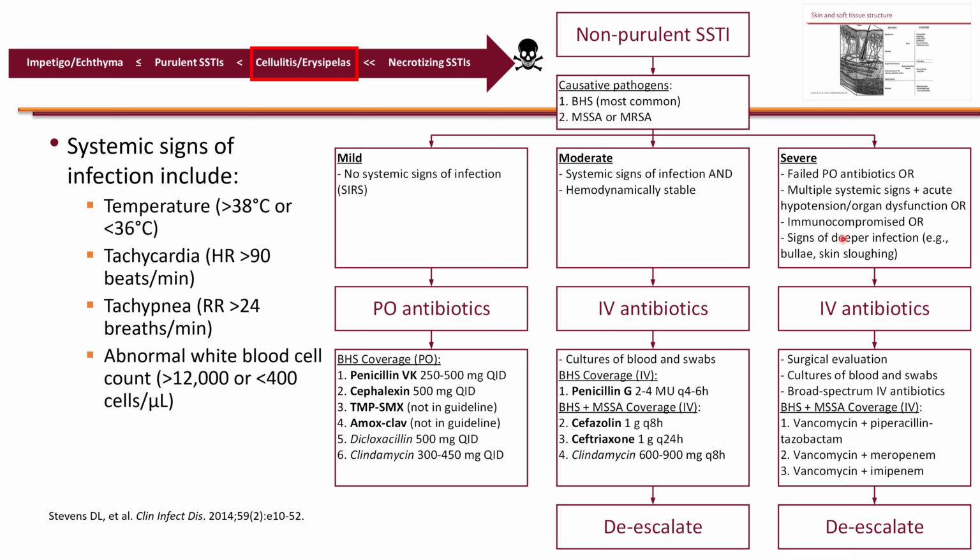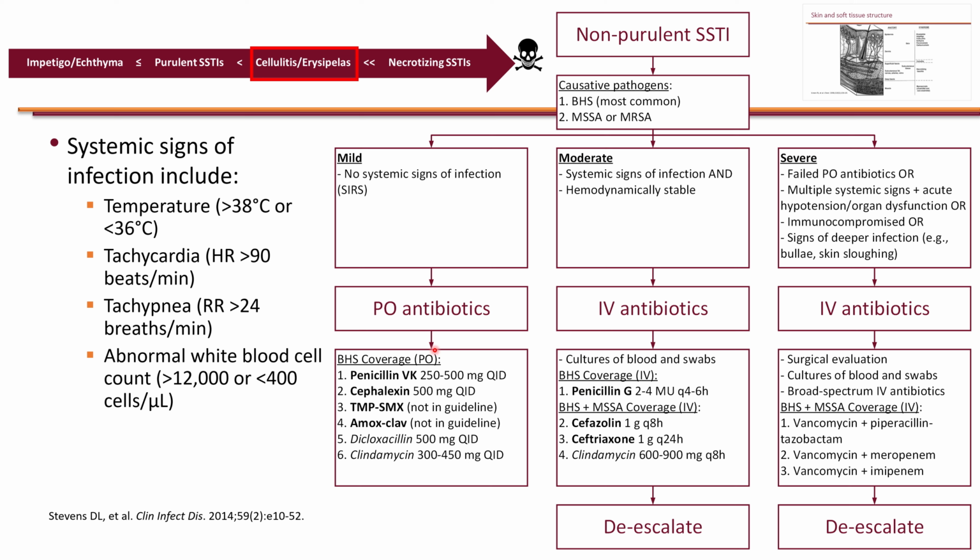So one thing with non-purulent SSTI, we're getting one step closer to the most severe skin and soft tissue infection, which is necrotizing. So if you suspect signs of necrotizing skin and soft tissue infection, that will be considered severe. So for mild, note that incision and drainage is not driving treatment, so it's antibiotics.